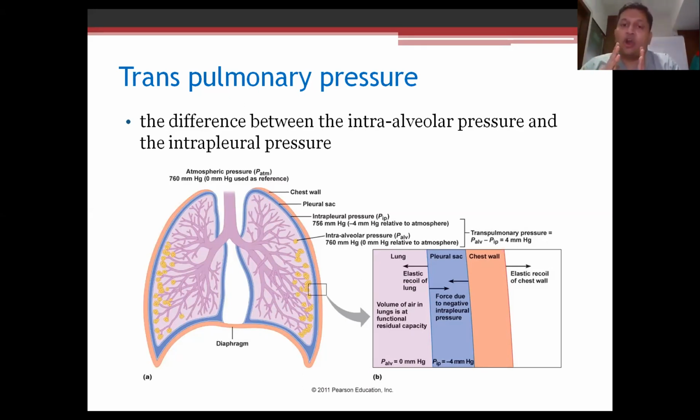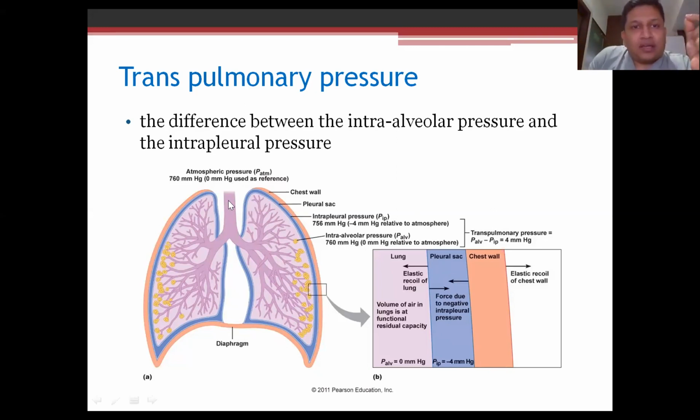It is maintained always negative. Even in forced expiration, when the whole chest cavity is with a positive pressure, in that condition also the pleura maintains a -2 to -8 mm of Hg negative pressure. So that is called the pleural sac.